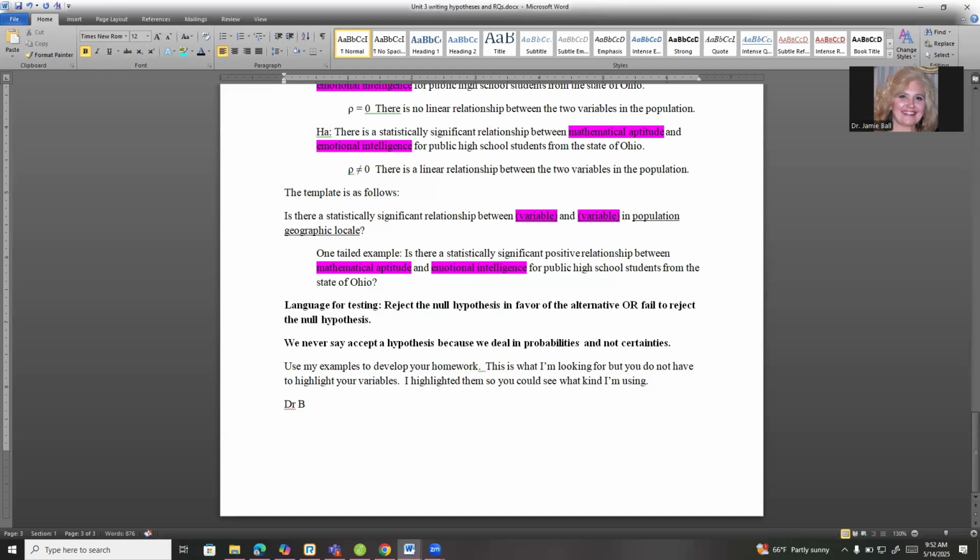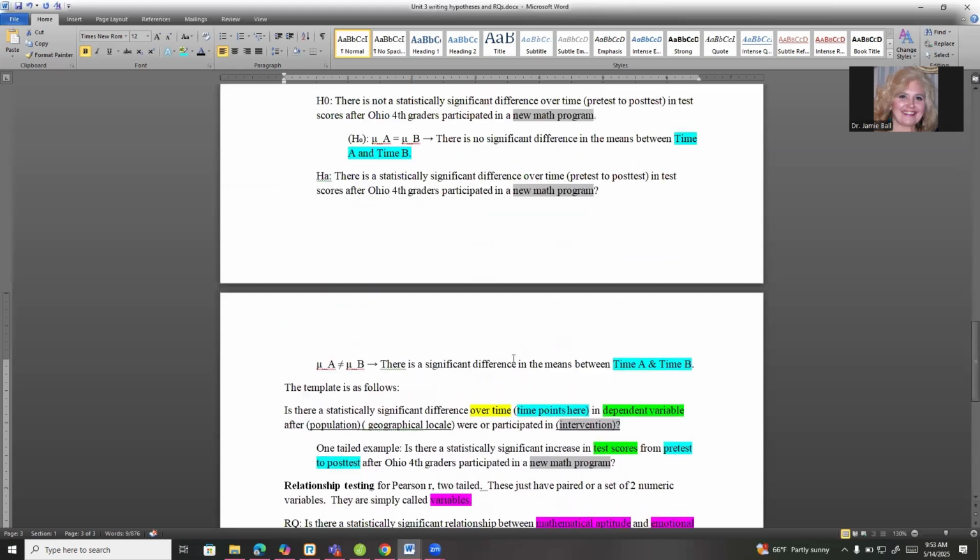I covered this in another video, but I will mark you wrong if you say accept a hypothesis. It's reject the null in favor of the alternative, which means there's something going on, or fail to reject the null, which is basically the negative result, meaning there's nothing going on here. Okay, that's a big deal.